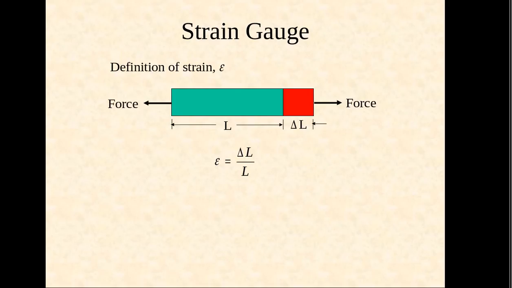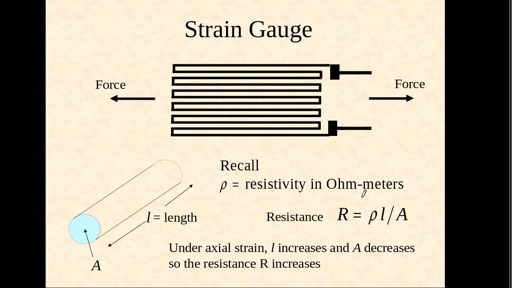So the strain is equal to delta L upon L. The strain gauge works like this: as we know, R is equal to rho L by A. Rho is the resistivity in ohm meters. R is inversely proportional to A, so as L increases and A decreases, R increases. So R is directly proportional to L.